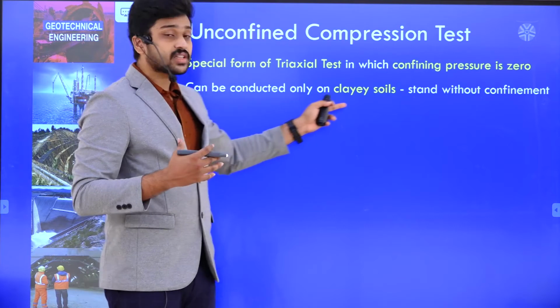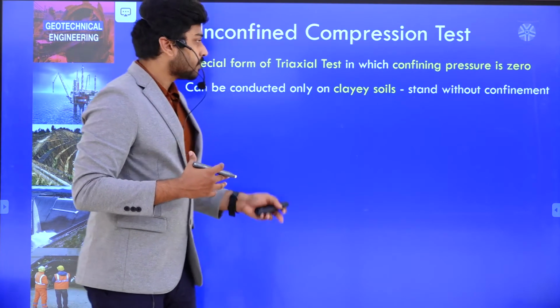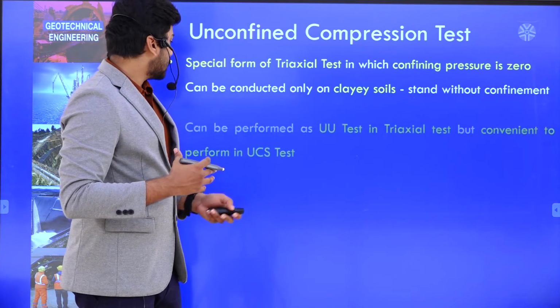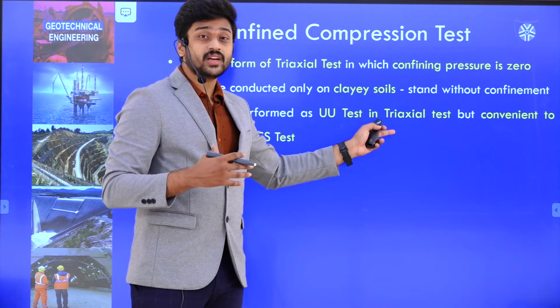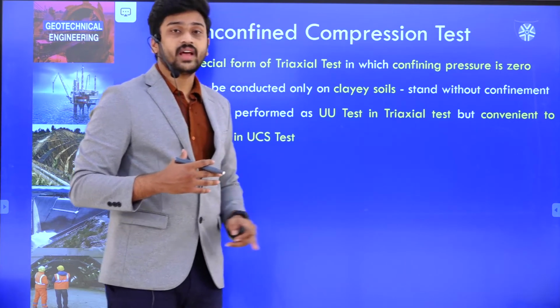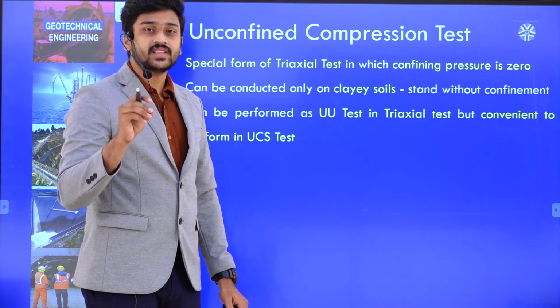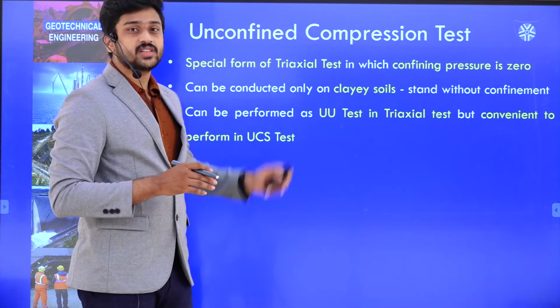So such a test can be performed on clayey soils which can stand without confinement. Now as I've stated, it can be performed as an unconsolidated undrained test in a triaxial test. So if you have to perform an unconsolidated undrained test in a triaxial test, you can simply go for the UCS test itself.